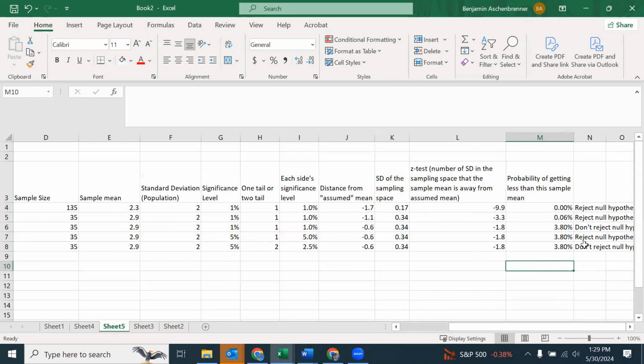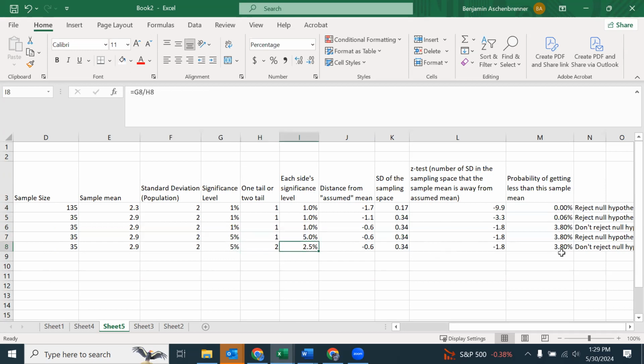And in thinking about whether or not the null hypothesis is rejected, you really need to get the z-score into a single percentage or a probability so that you can compare it to the significance level. And the significance level, unless it's two-tailed, is exactly what it's stated. If it's two-tailed, you just cut it in half.